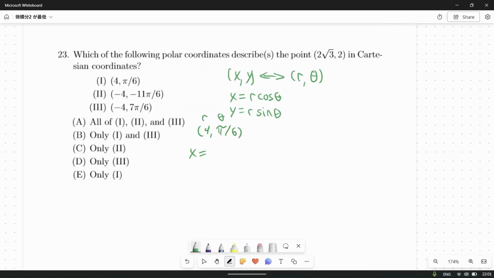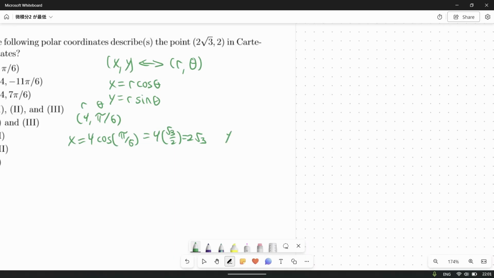So x would be equal to 4 cosine of pi over 6, and that's going to equal 4 times root 3 over 2, which equals 2 root 3. And then for y, you'd end up with y equal to 4 sine of pi over 6, which is 4 times 1/2, which equals 2.